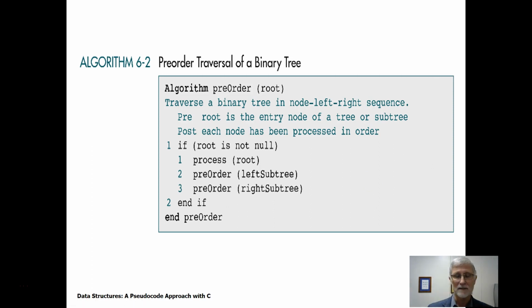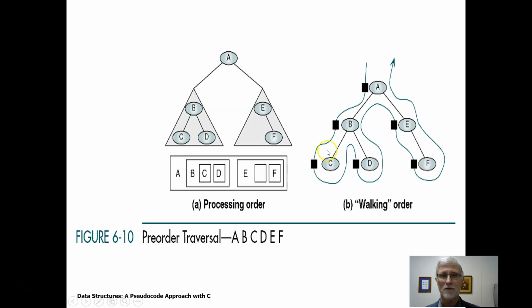You think about how big a tree could be, and this algorithm is relatively straightforward. Being a pre-order, I process the node first, so boom, process the root, and then I go to the left subtree, and then I go to the right subtree. And then this is where your recursion comes in. So I'm just going through, so it's a very straightforward algorithm.